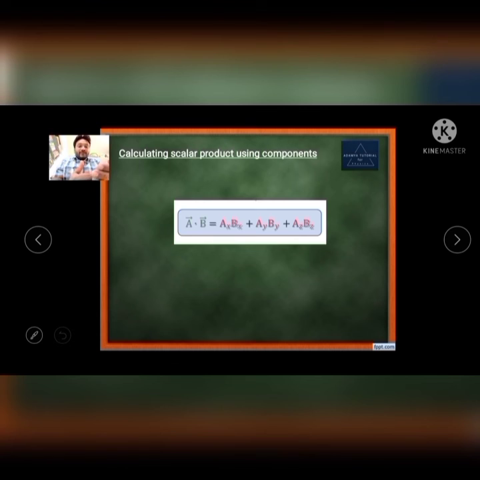Now finally, how to calculate the scalar product using the components.